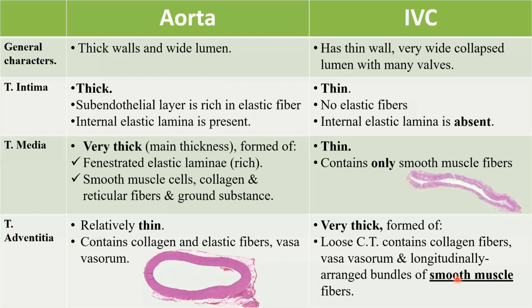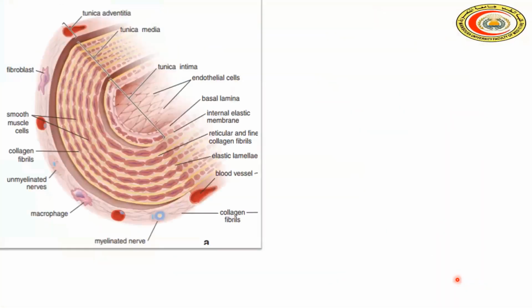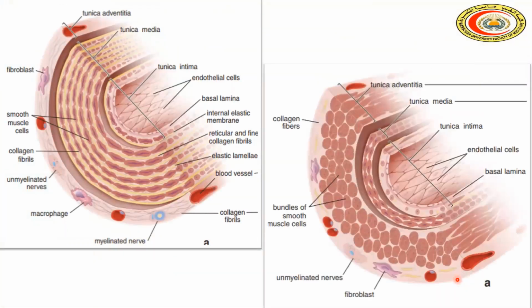So here we gather the differences between aorta and inferior vena cava as two examples of the large artery compared with the large vein. Here are the two diagrams for the two vessels. So here we have one vessel with intima, thick media, thin adventitia, compared with another one having thin intima, thin media, and thick adventitia.